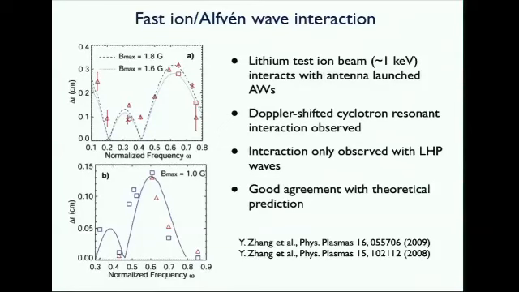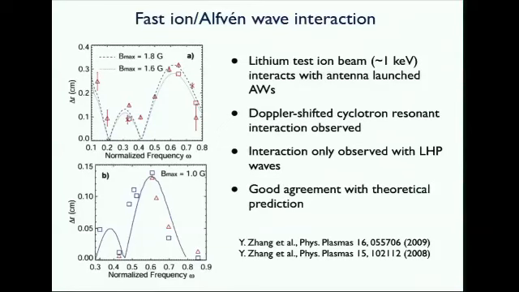And compared to Alfvén speed. We've also studied, as you'll see on the next slide, interactions with Alfvén waves. So this beam is not able to get to the Alfvén speed. The Alfvén speed for the bulk would be more like 25 kilovolts. So these are low velocity with respect to Alfvén speed.